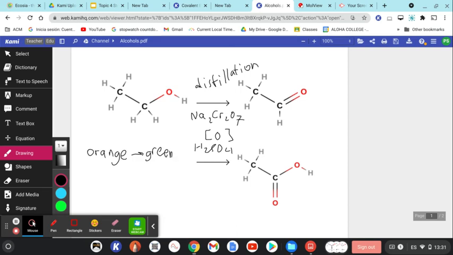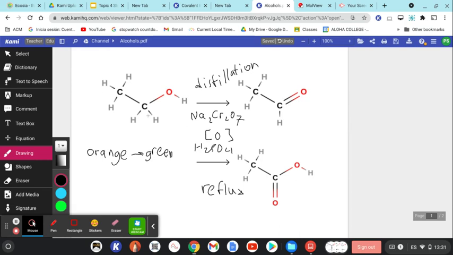Now, if you want to go all the way to the carboxylic acid, so ethanoic acid, which is the diagram here on the bottom right, instead of using distillation, you can just use reflux. That's when you have the condenser vertical and not slanted horizontally, which is distillation. And we go directly to the carboxylic acid.